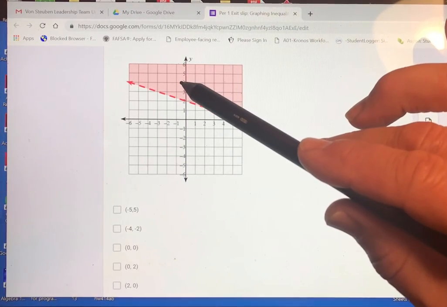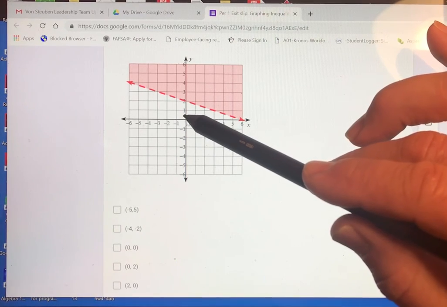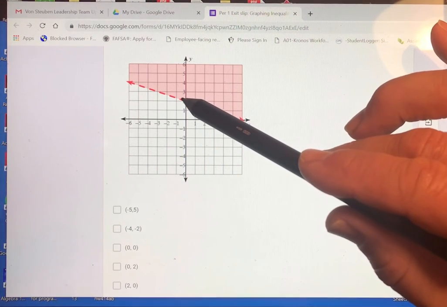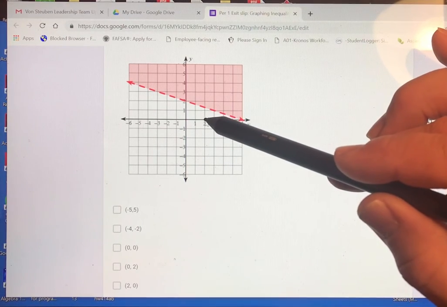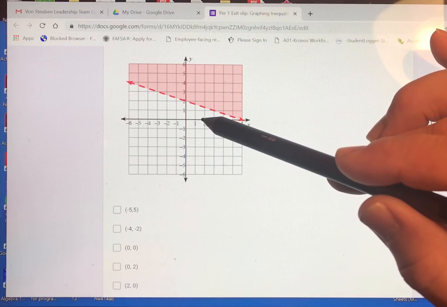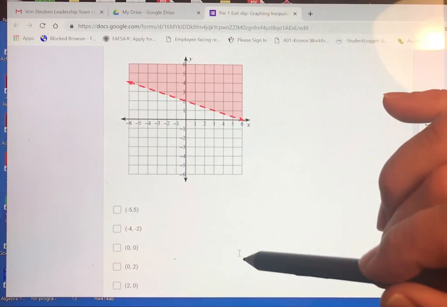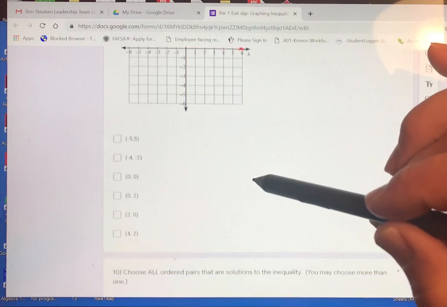That's not in the region, so it's not in the solution set. 0, 0 is not. 0, 2 looks like it would be, but that's a dashed line. So that point is not included in the set. And then 2, 0 would be right here. So the only one that is in the solution set so far is letter A, negative 5, 5.